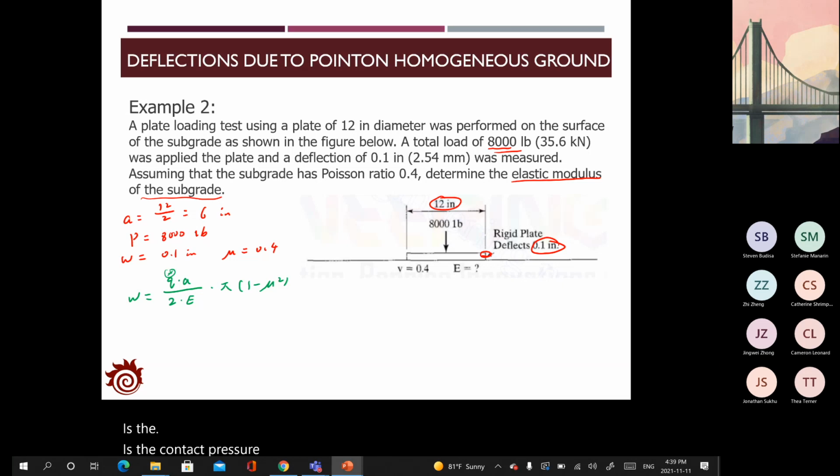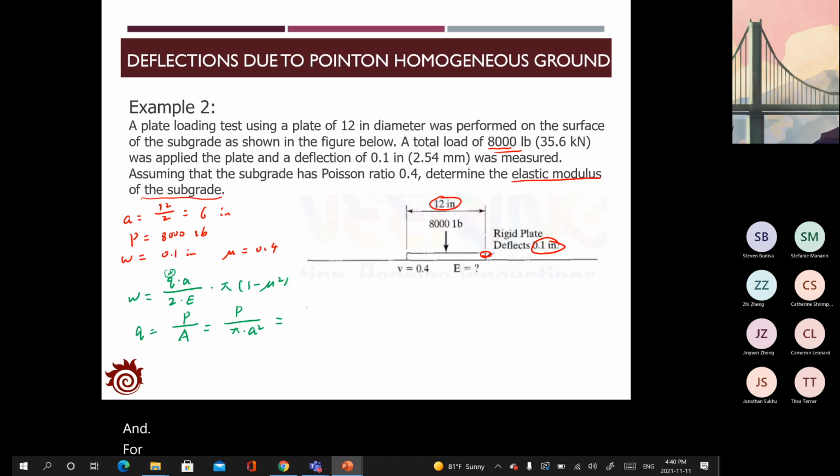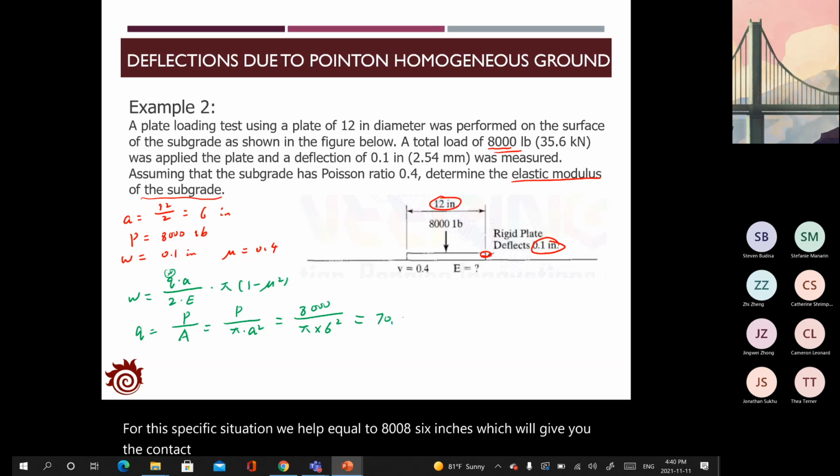So in this case, we can get Q equal to the load divided by the area of the plate. So that is P divided by pi times A square. And for this specific situation, we have P equal to 8,000 and A is 6 inches, which will give you the contact pressure as 70.74 psi.